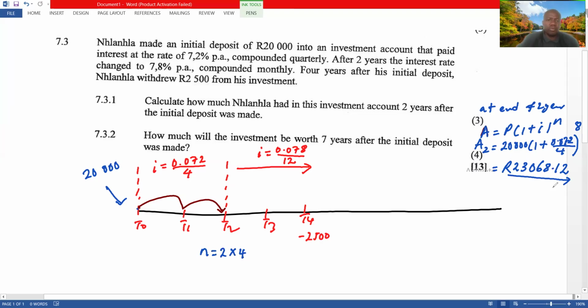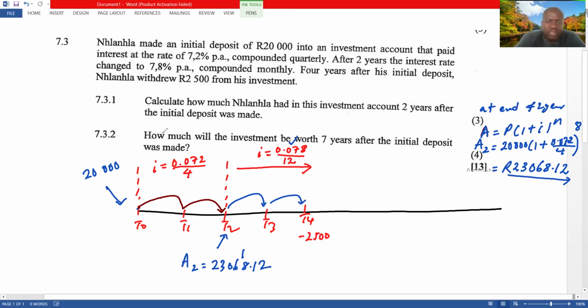Now we know that Nhlanhla will be having this amount at the end of 2 years, which is fine. Let's proceed. This amount at the end of 2 years, 23,068.12, will increase after 2 years, but at an interest rate of 7.8%.